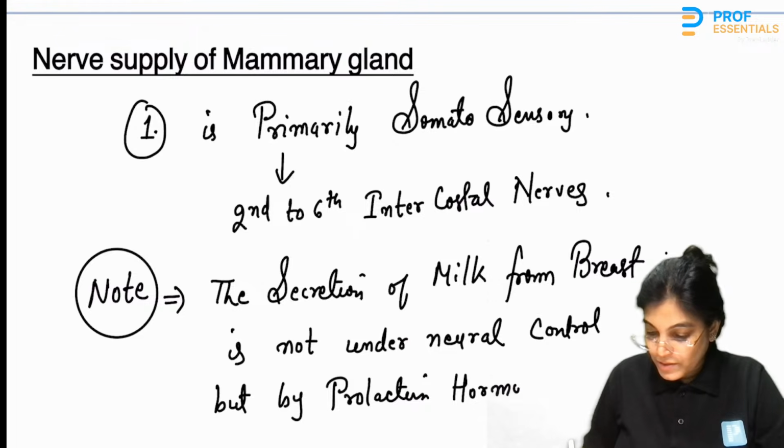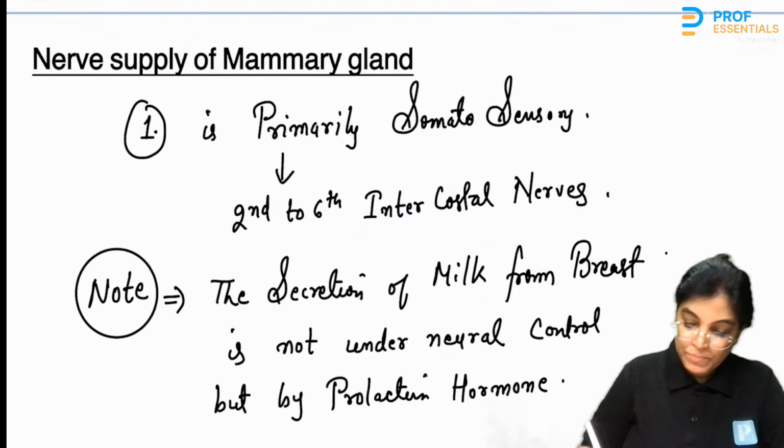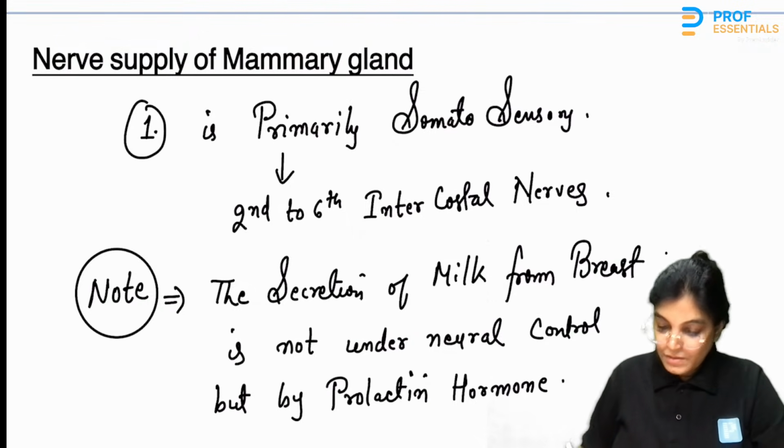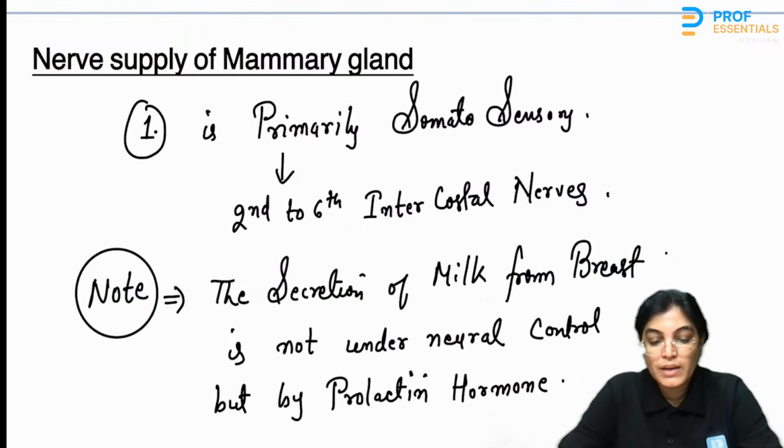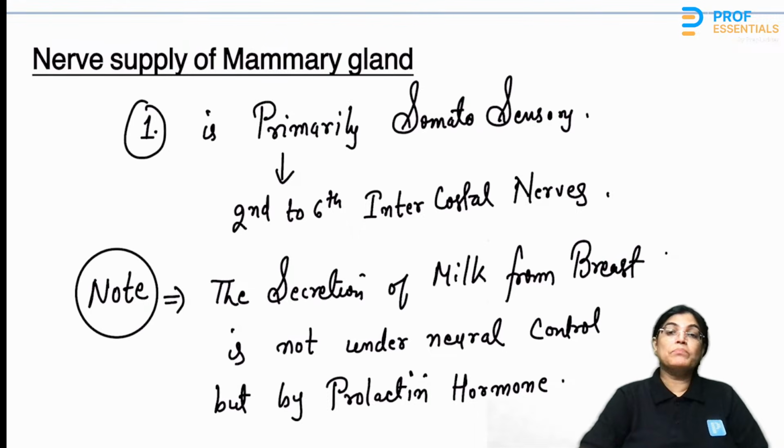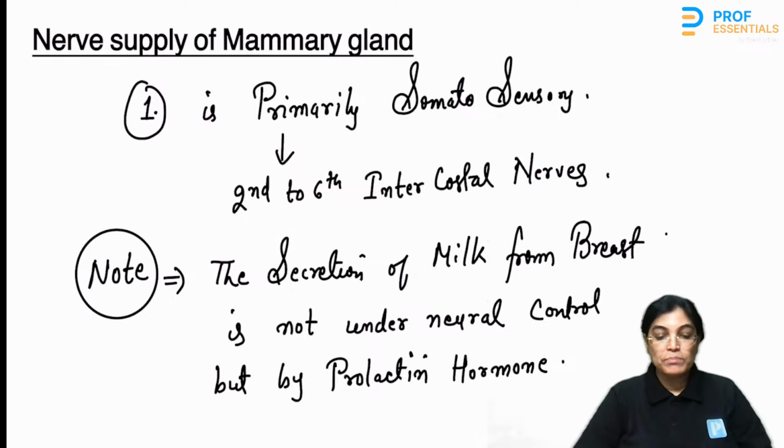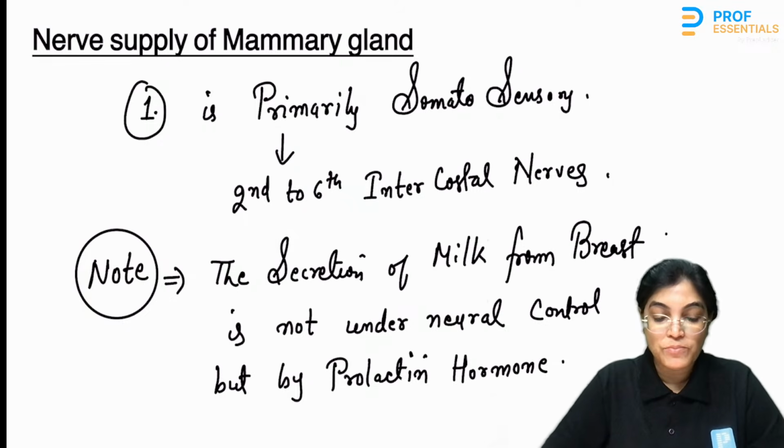It is controlled by which hormone, my dear students? It is controlled by the prolactin hormone. And the prolactin hormone is secreted by the pituitary gland. This is an important point.